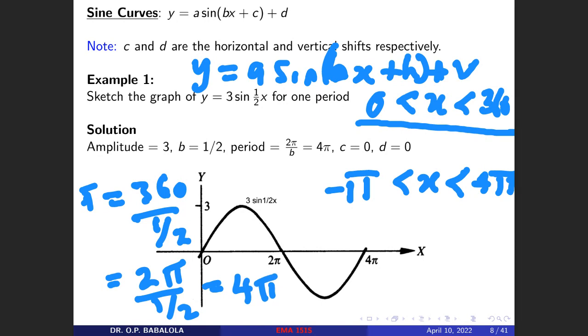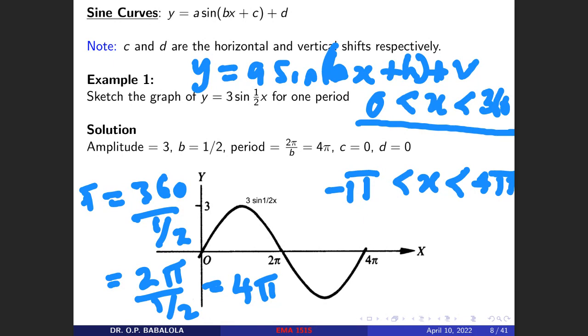And that is how we found our period to be equal to 4 pi. Do we all understand that? The horizontal shift, which is C, is 0 because it's not given in this equation. Vertical is D, which is 0.